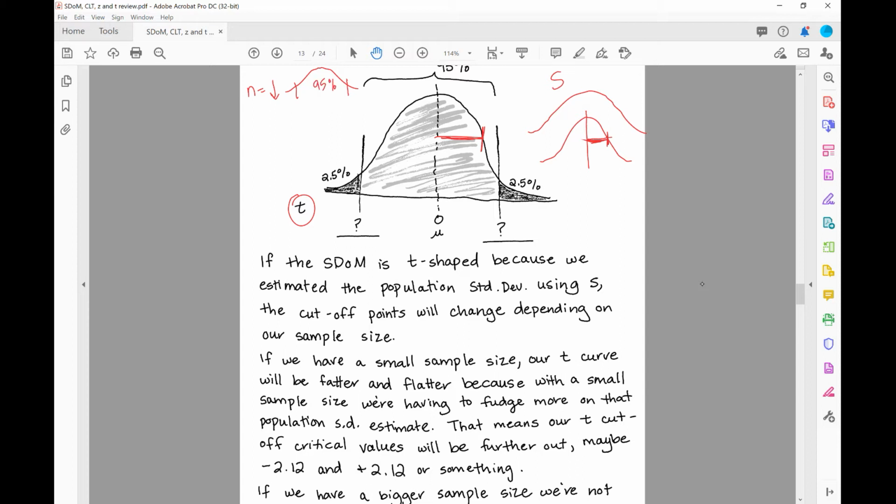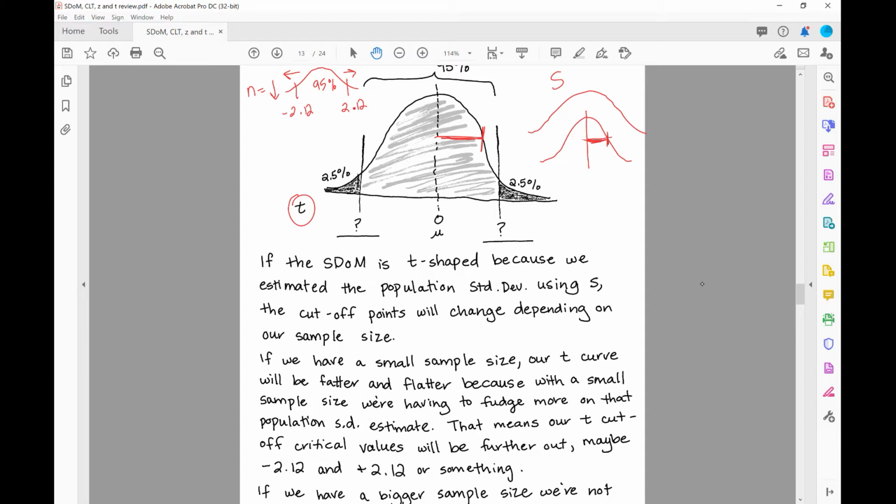So instead of cutting at 1.96 like we do with Z, if we have a low sample size, we're actually going to cut further out at negative 2.12 and positive 2.12. Because it's squished and flattened out, we've got to go further out to get that ultimate 5%.